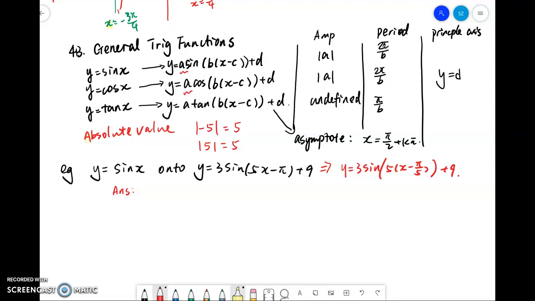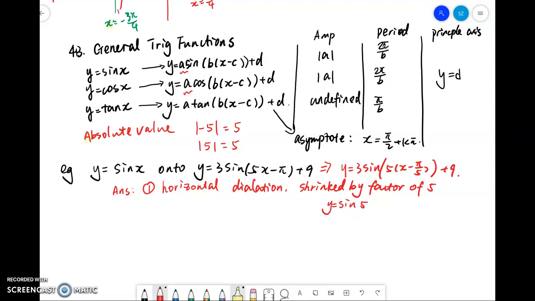Okay, so first we could do a horizontal dilation, shrunk by a factor of 5, and that becomes y is sine 5x. Make sense? Okay.